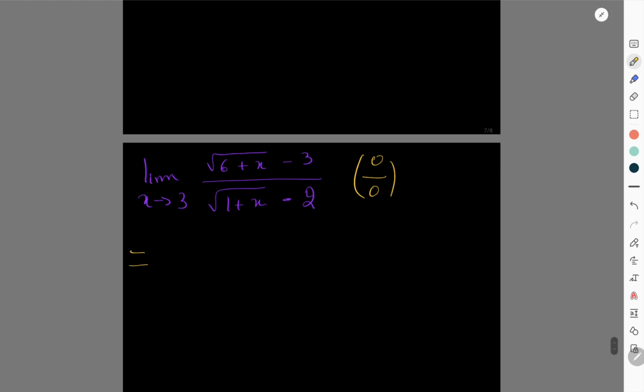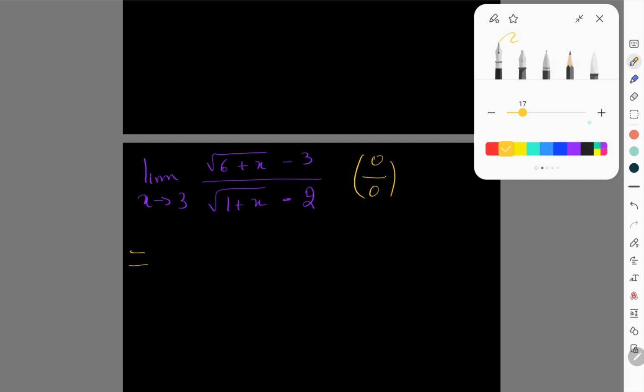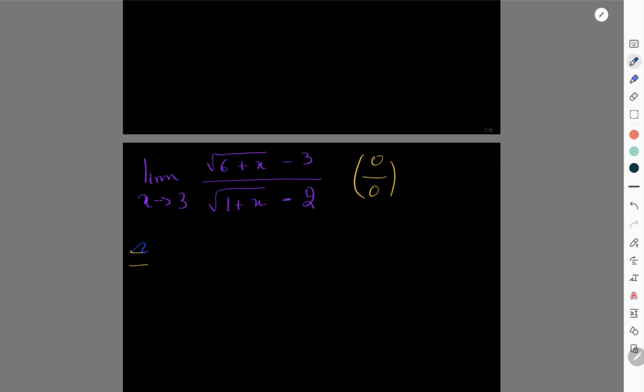Here, of course, it's the old conjugate trick that will come in handy. Let's try that. Of course, here we'll have to apply it on the top and on the bottom. So here I just rewrote this.